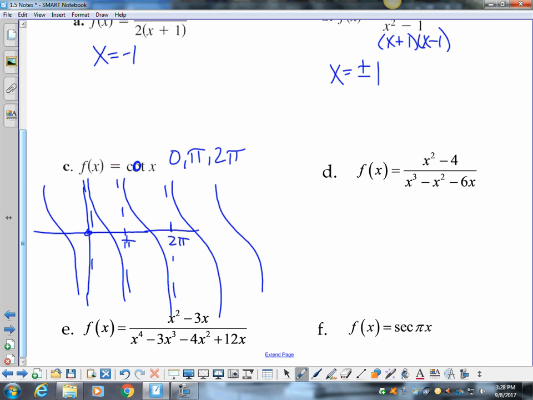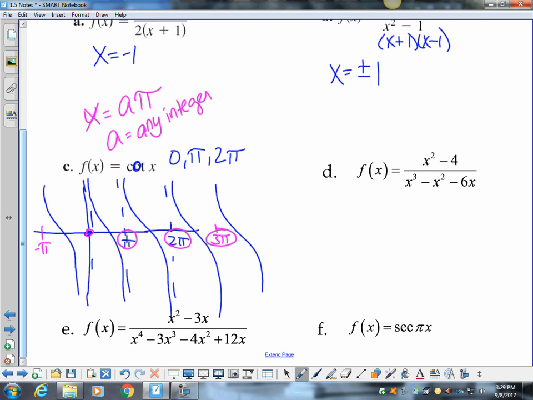And they all happen at some sort of multiple of pi. 0, pi, this would be negative pi, negative 2 pi. So I can say that it has asymptotes where x equals a pi, where a is any integer. An integer is just a whole number. It takes all the fractions and decimals out.